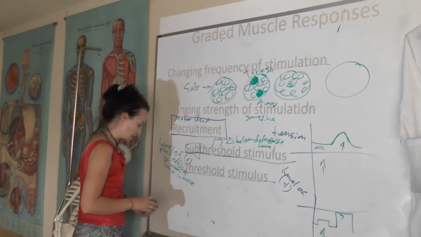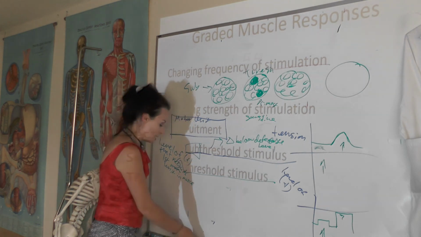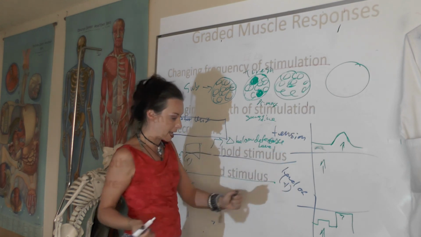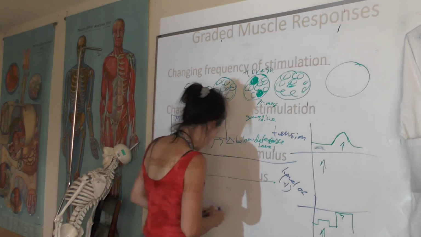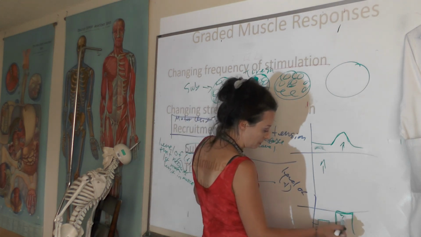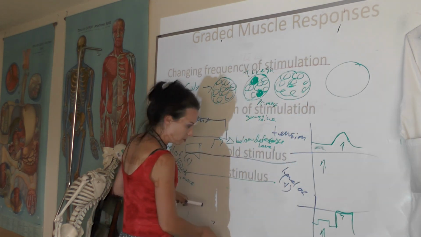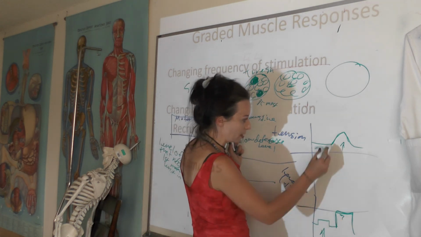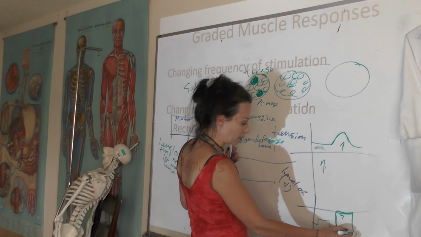Great. Now, if I deliver, instead of a can of tomato soup, a 10-pound dumbbell, then what's going to happen? Here is my level of stimulus, then I'm going to relax.